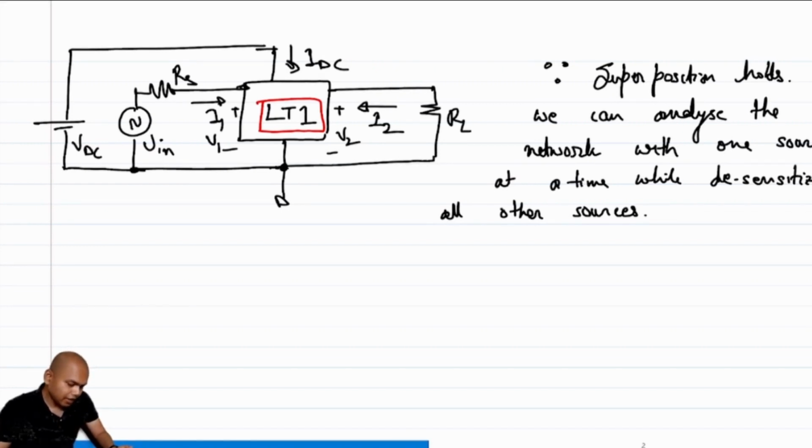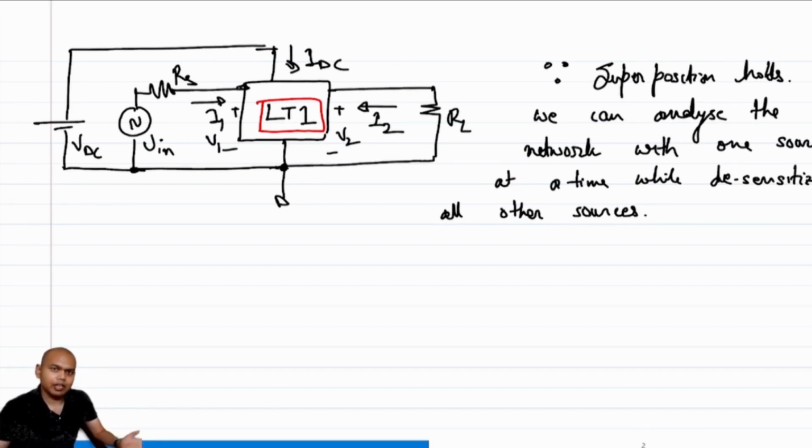Since this is a linear system, we can desensitize all but one source and analyze the circuit, and we can do it for all available sources and find out their individual responses.